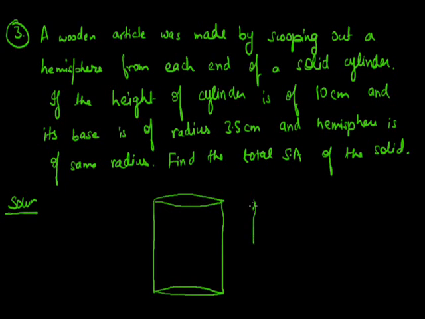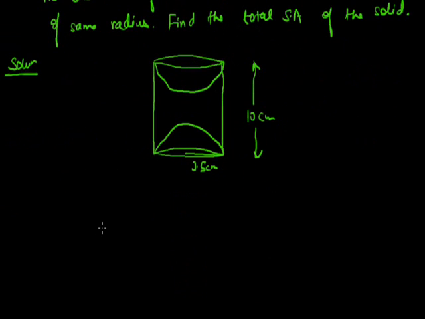The height of the cylinder is given as 10 centimeter and the radius of the cylinder is given as 3.5 centimeter. So now the hemisphere is cut from each end, and we need to find the total surface area of the remaining part.